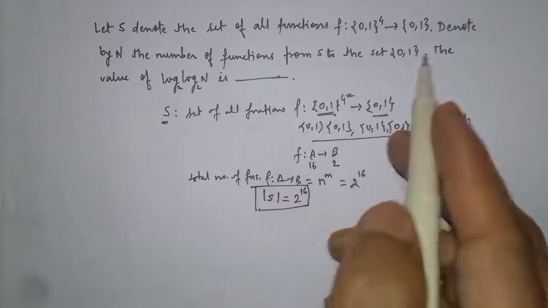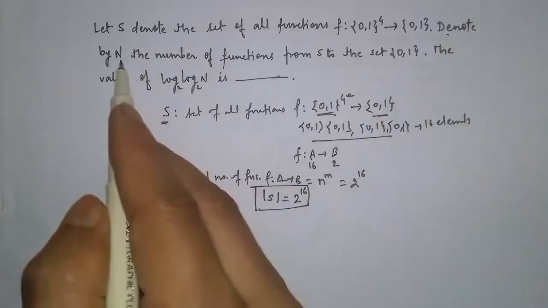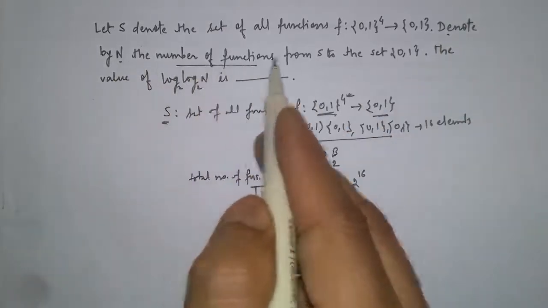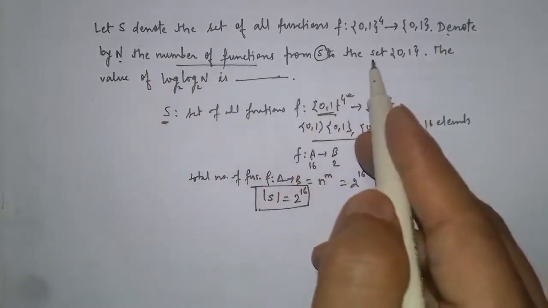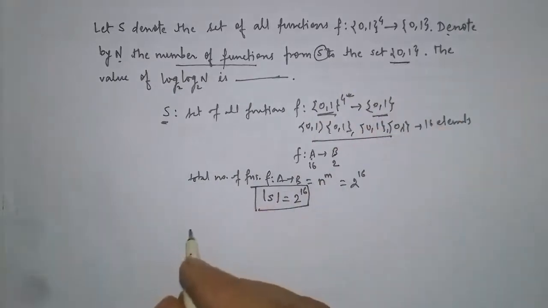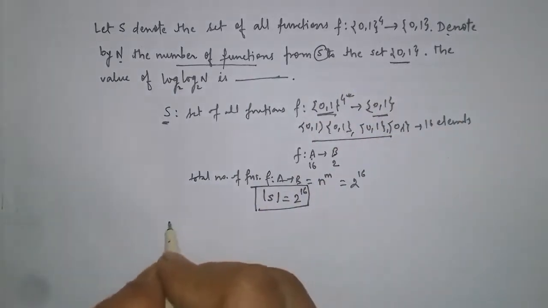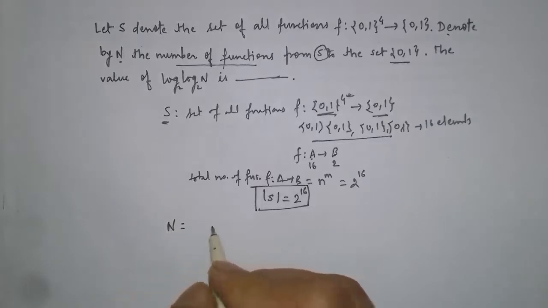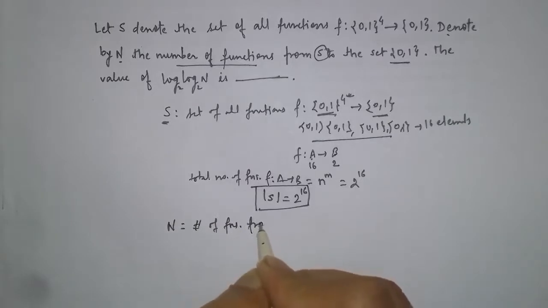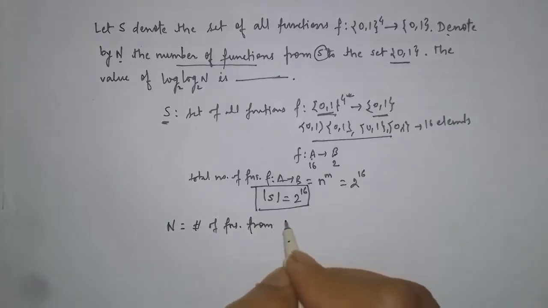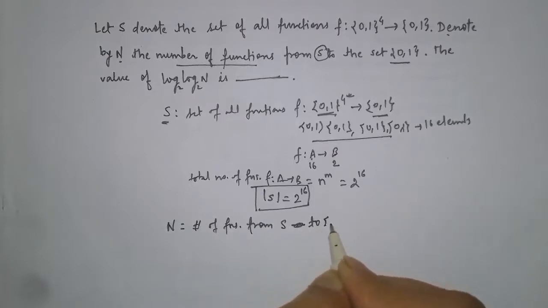Now it is given that n denotes the number of functions from set S to the set {0, 1}. Clearly, n is the number of functions from set S to the set {0, 1}.